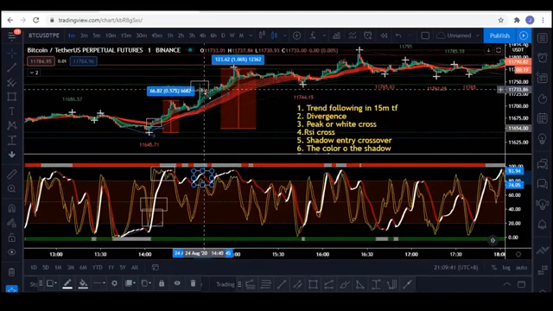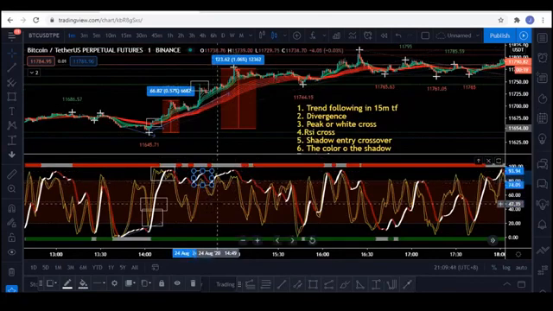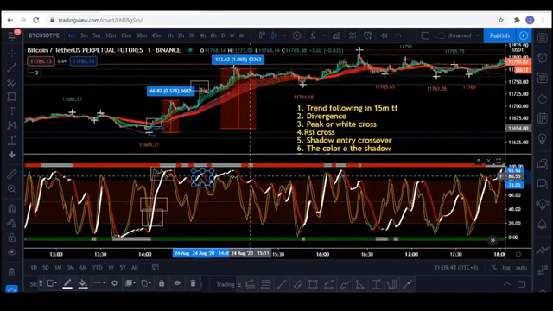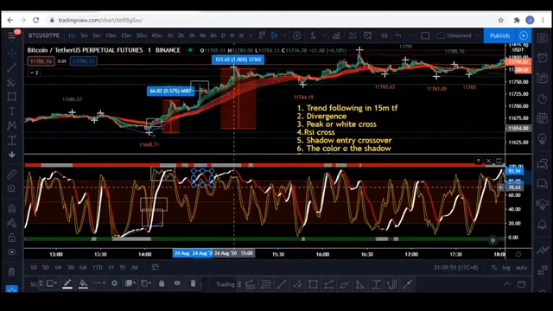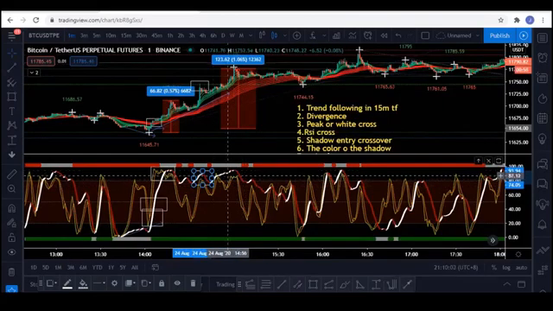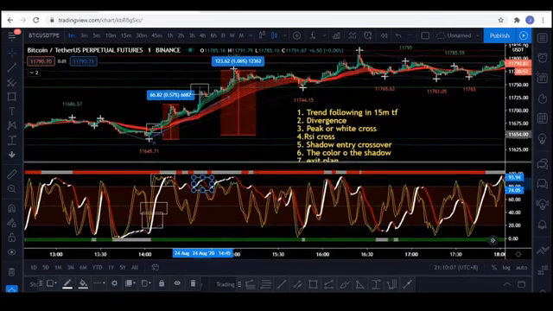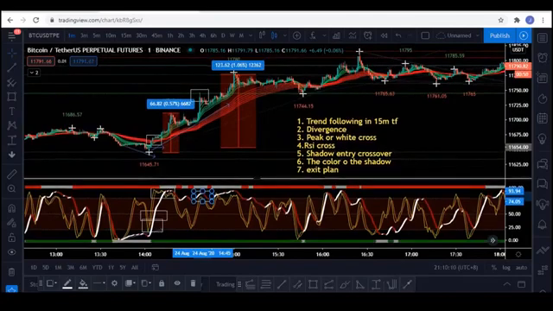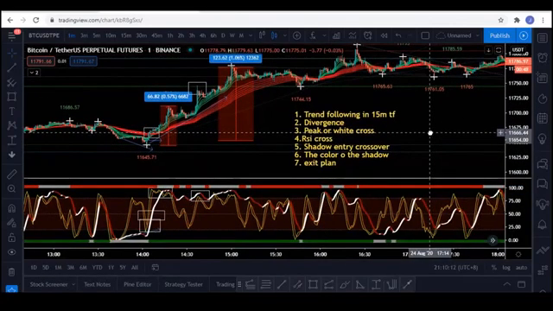And here, this is the tip: as long as our shadow is still above our 50 RSI, meaning to say the market is bullish, there is still a continuation of price movement going up. Okay, so that is how we use this combination of script. So any question?